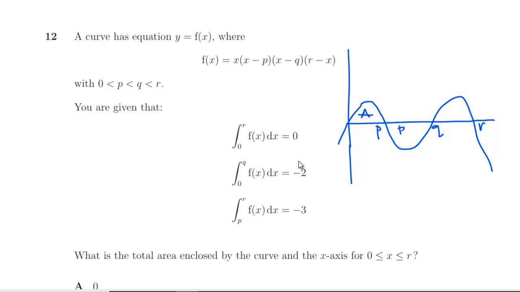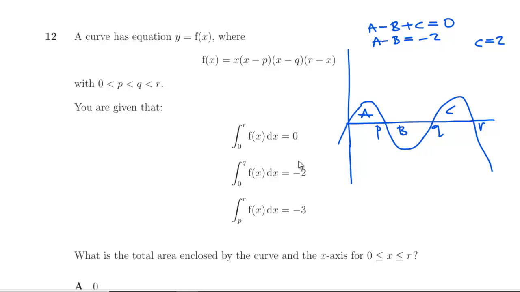Let's call it A, B, C. So if we do A minus B plus C, if we're looking at actual areas, that comes out as 0 in the whole thing. If we're doing 0 to Q, that's minus 2. So A minus B equals minus 2. Okay, so C is equal to 2 then.